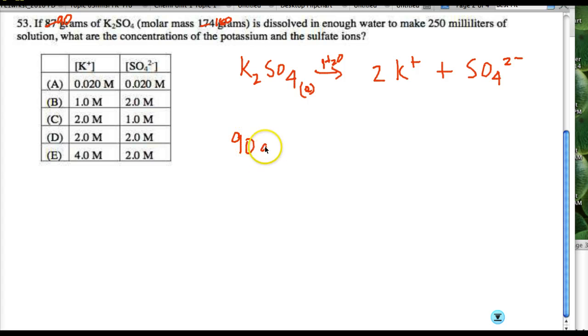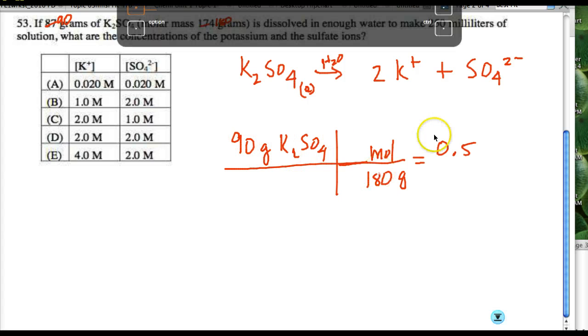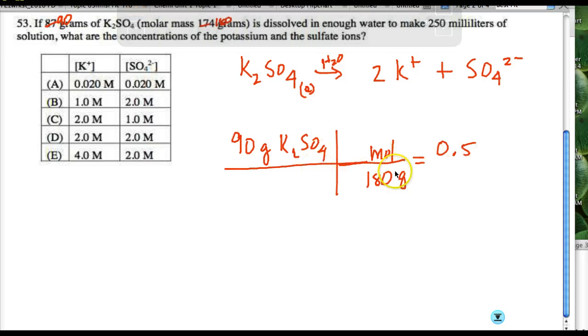So let's just say I've got 90 grams of K2SO4, and its molar mass is close to 180 grams per mole. Don't I have about a half a mole? Yes, I do. 90 divided by 90 goes into 180. Okay, so now that's about how many moles of this I have, and this is of the K2SO4.